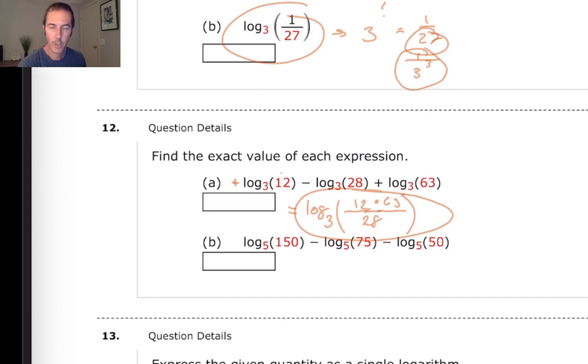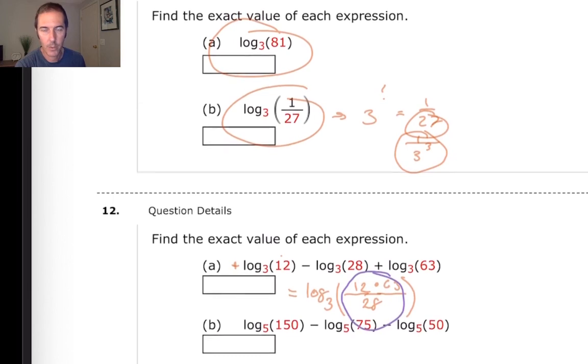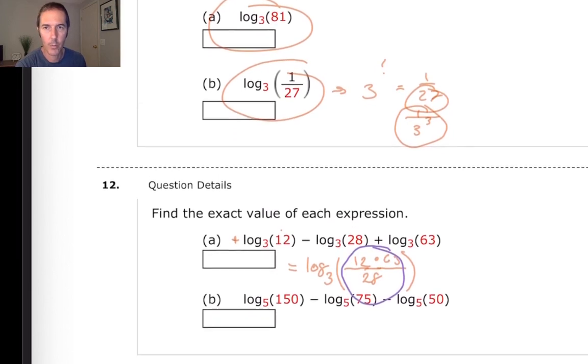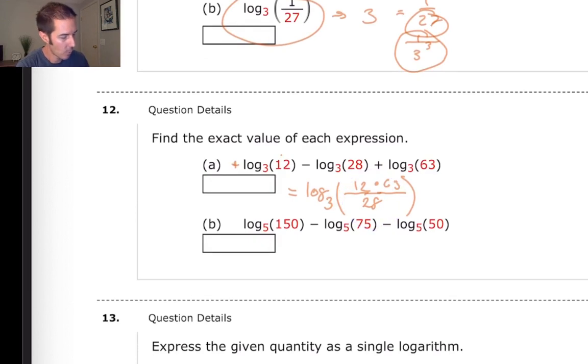If 3 to a power ends up equaling this argument, then the exponent will be your answer, just as it was in the two previous problems. 3 to what power equaled 81? 3 to what power equaled 1 over 27? This problem is 3 to what power equals whatever this turns out to be. I'm going to leave it up to you to figure that out.